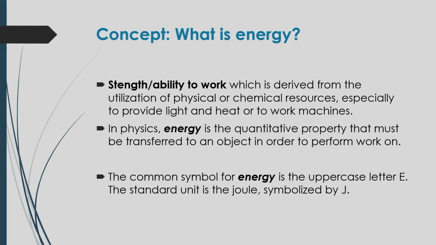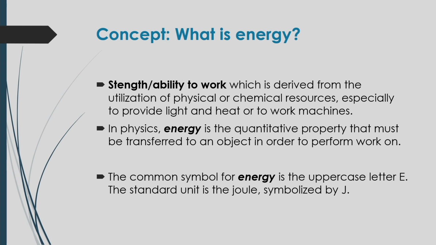So, in physics generally, energy is considered a quantitative property, and this quantitative property must be transferred to an object in order to perform some work on the system. Whenever you assess a process system based on the quantity of energy, you have to express this energy by a certain symbol.